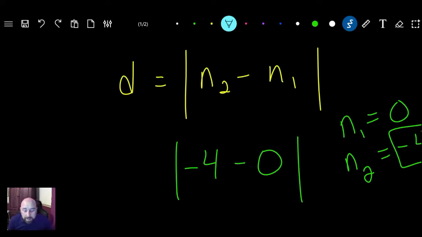Another way to think about absolute value is that it's just the sheer quantity of movements on the number line. So if you moved 7 places, it doesn't matter if you move 7 places to the left or 7 places to the right, you just moved 7 places.